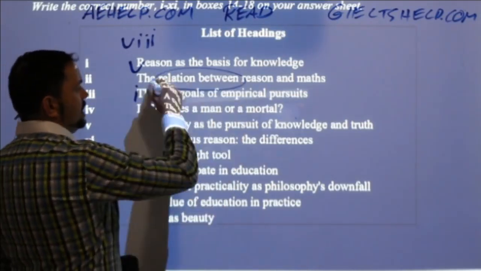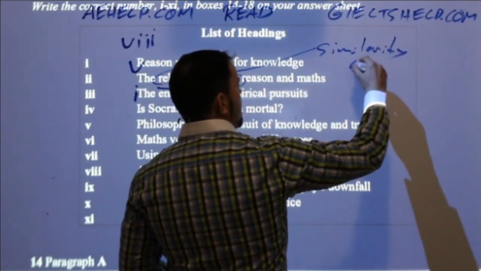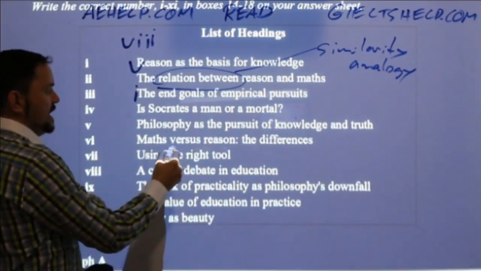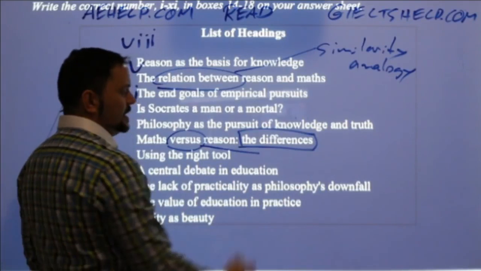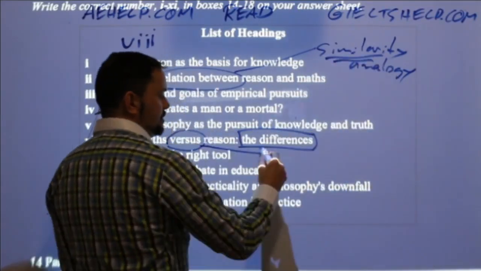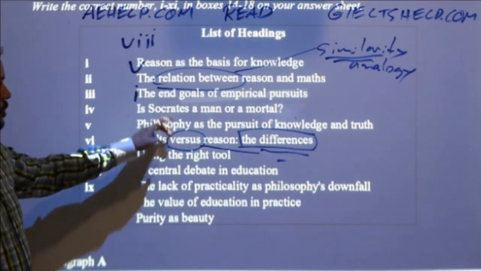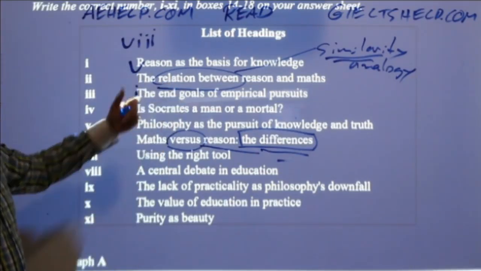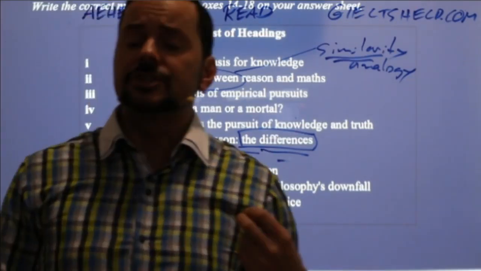That's great. 2 is better, okay? Because relation between is close to similar or analogy. Okay. 6, math, and it says the differences. It's more the similarities that are emphasized in that paragraph than the differences. So be careful when you have two choices that are very close. Take a second look. This is why it's really important to come up with your own answer first, okay?